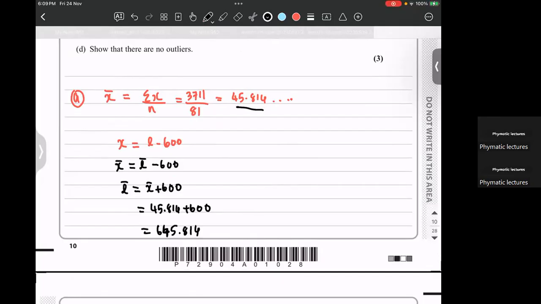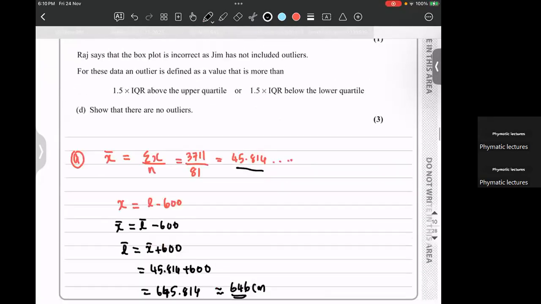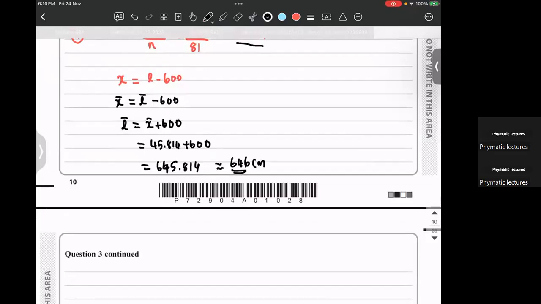So that we will get 645.814. And if you are rounding this to 3 significant figures, the answer is 646 centimeters. Okay, so not centimeters, I mean this is measured in millimeters. So the answer for this is mean length is 646 millimeters.